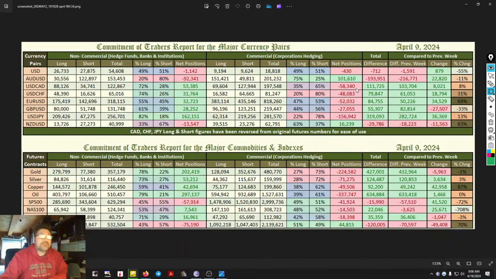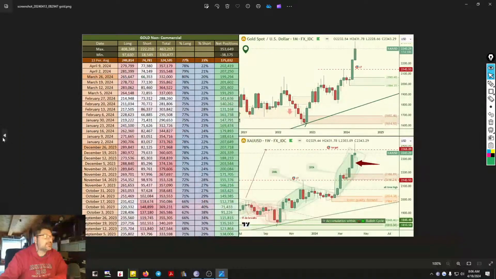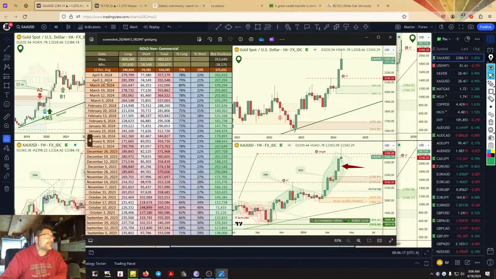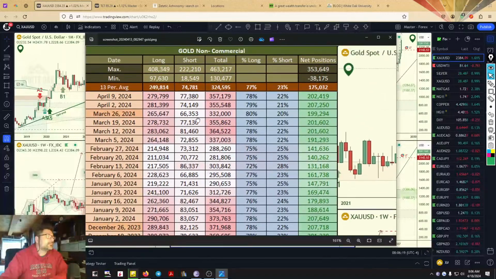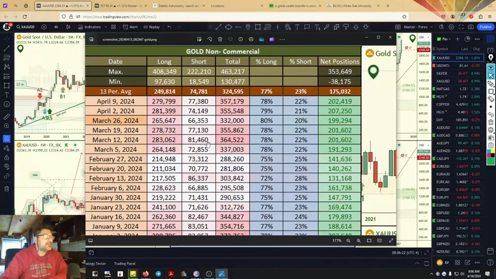And then after that, I start looking at the pairs individually, and we start off with gold. With respect to gold, we can see that they were extremely bullish, have been for several months now.